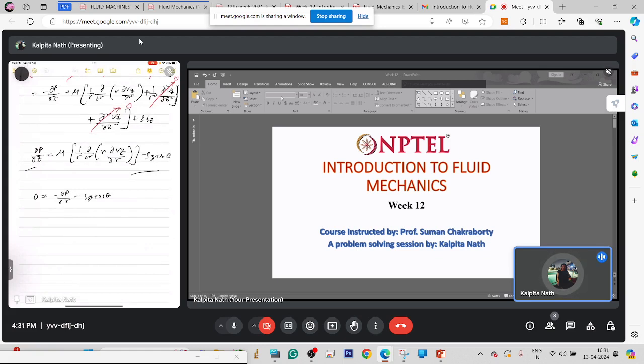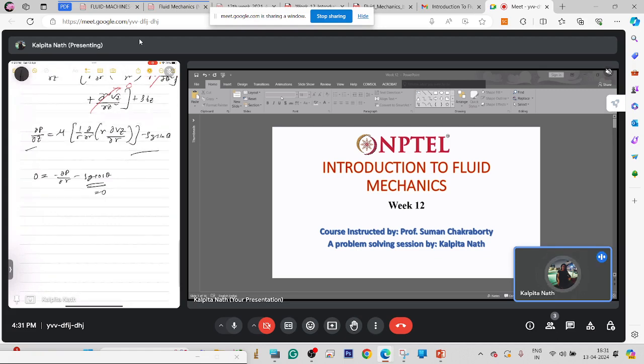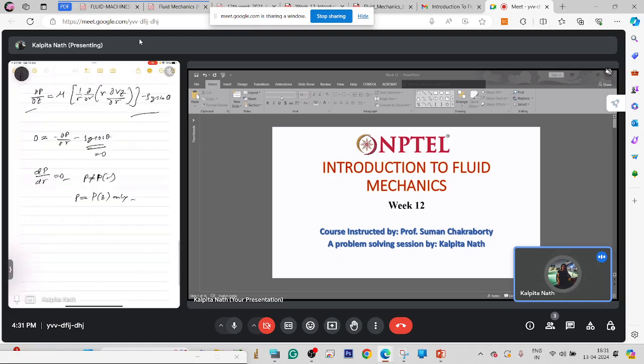So if the radius of the pipe is not that large, then we can take this to be 0, right? So if this is 0, dp dr is equal to 0, that means p is not a function of r. That means p is a function of z only, because the flow is axisymmetric, so p cannot be a function of theta, right?